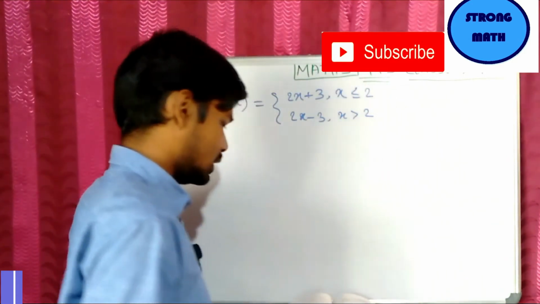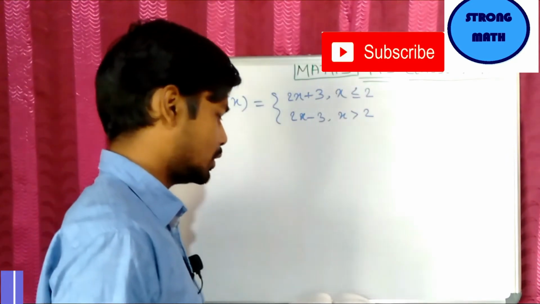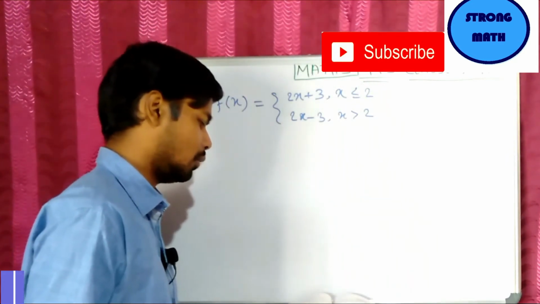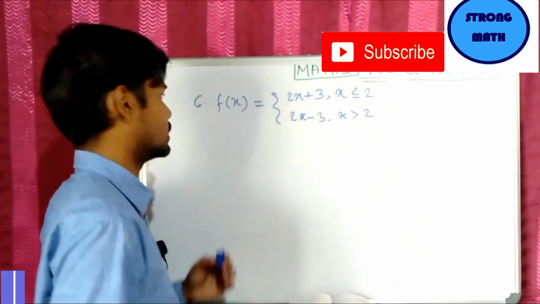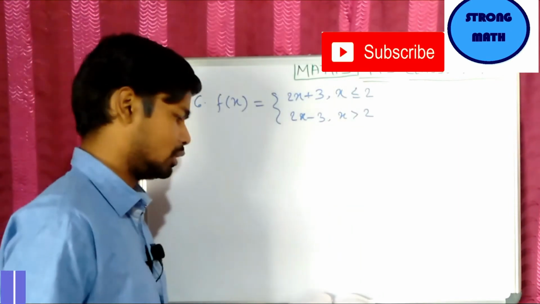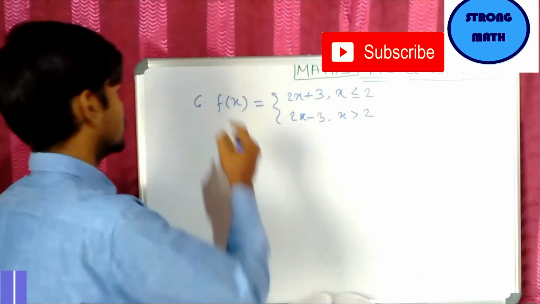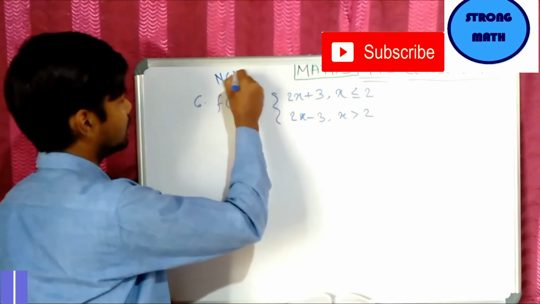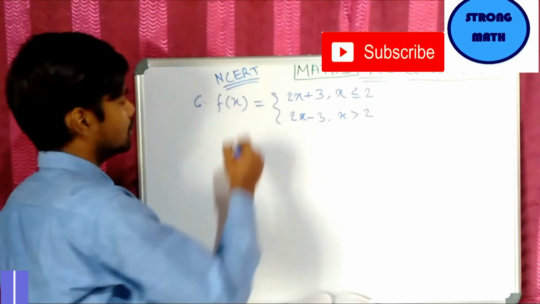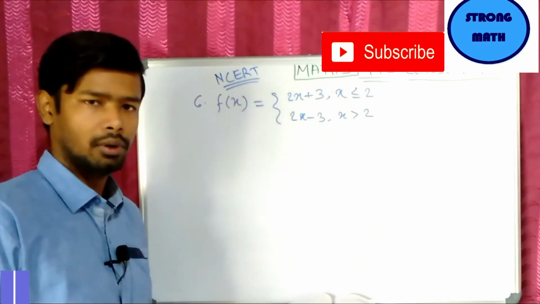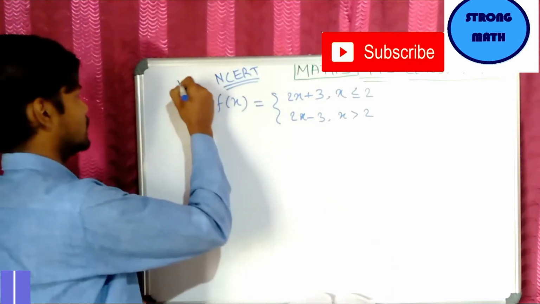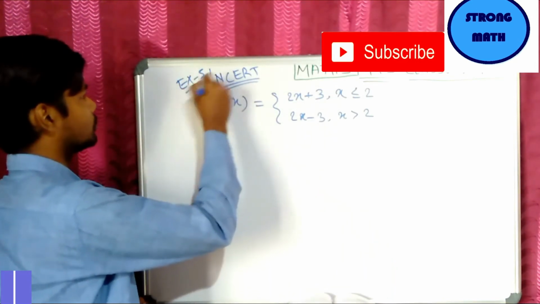Here the question is to find all the points of discontinuity of f, where f is defined by this. We have to find all the points of discontinuity. Okay, we are solving the NCERT exercise 5.1.